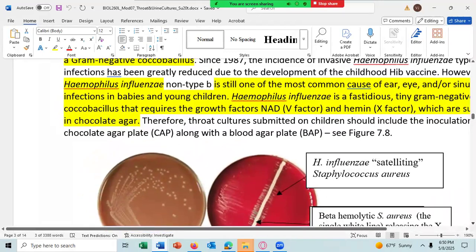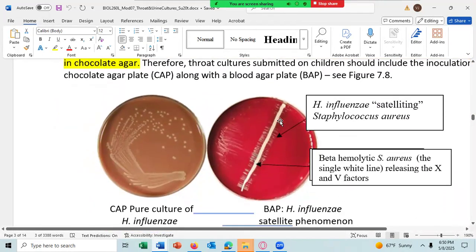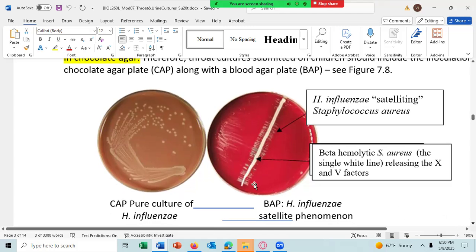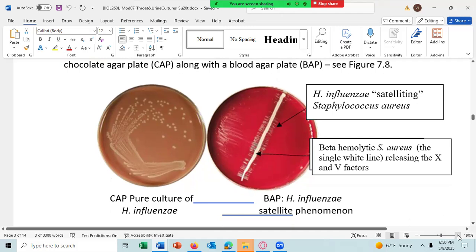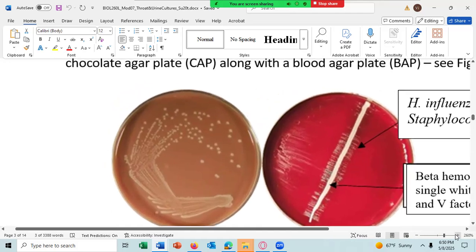unless you do something like put a streak of Staphylococcus aureus down the blood agar plate, and then you streak the Haemophilus influenzae perpendicular to the Staphylococcus aureus. And then the Staphylococcus aureus will lyse the blood agar. In fact, if I blow it way, way up, you can actually see it.